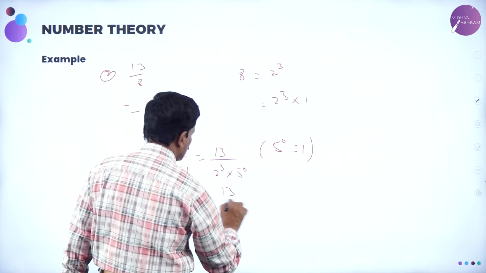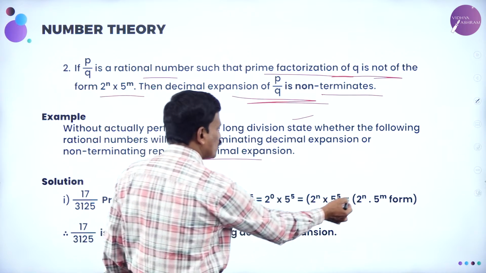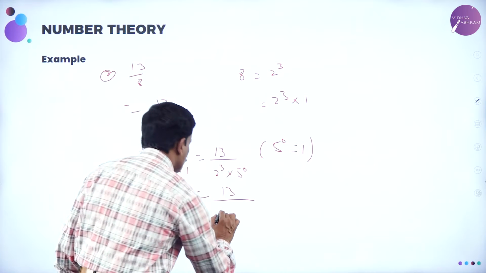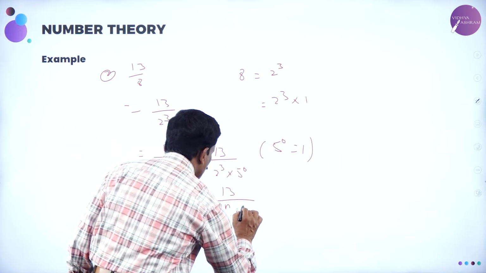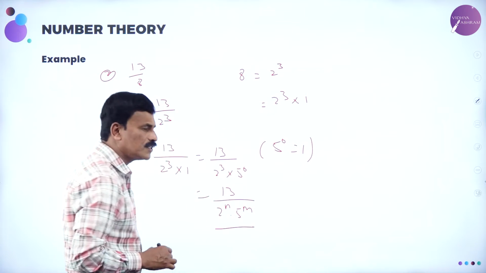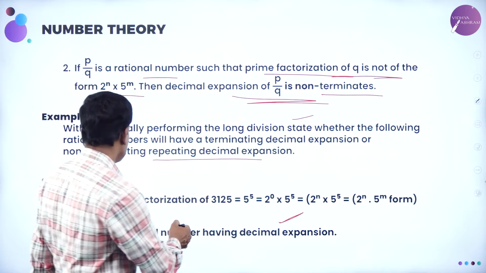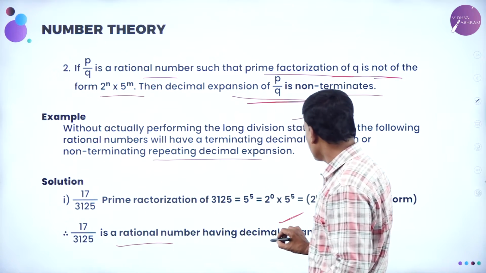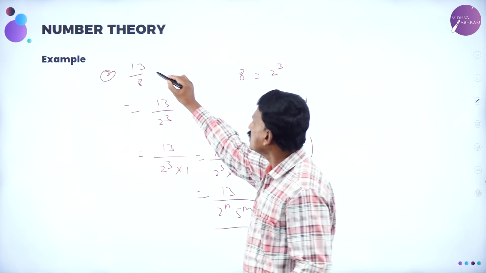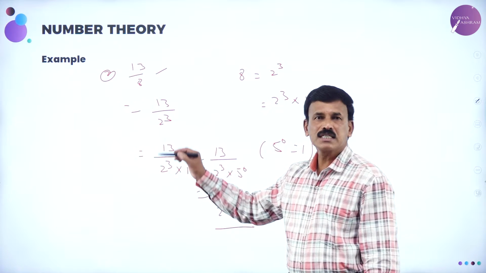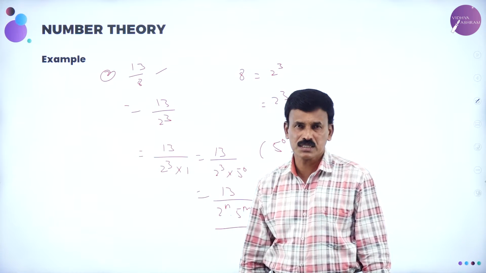So the denominator is of the form 2 to the power of n into 5 to the power of m. Therefore, this is also an example of a terminating decimal expansion: 13 by 8.